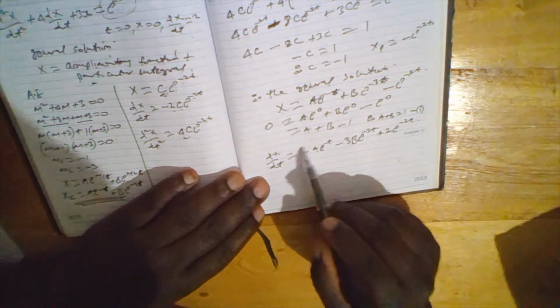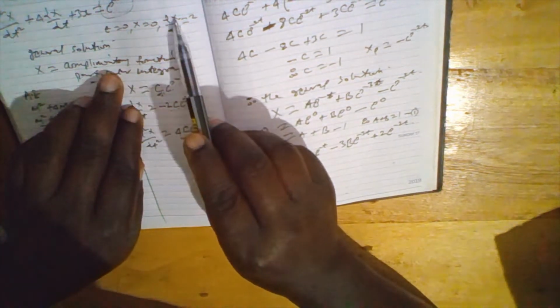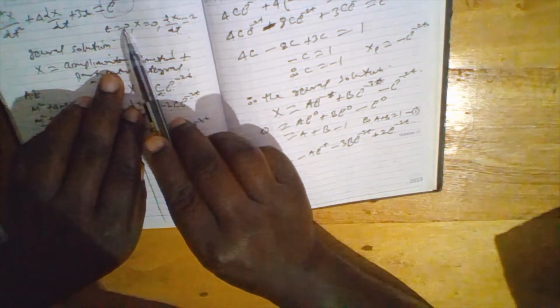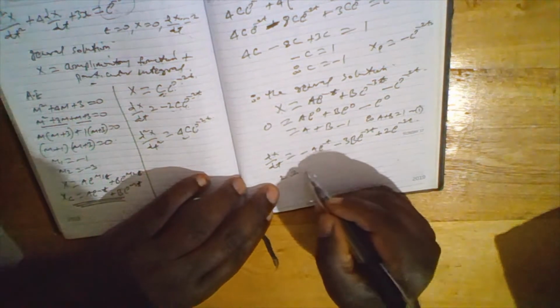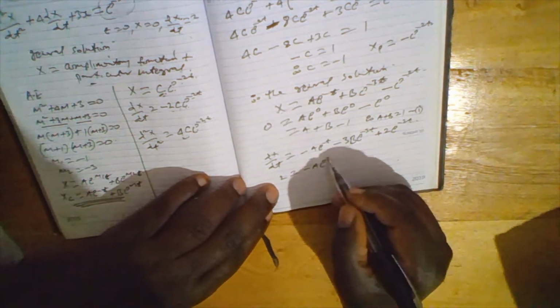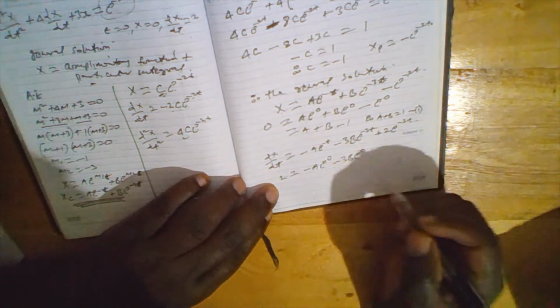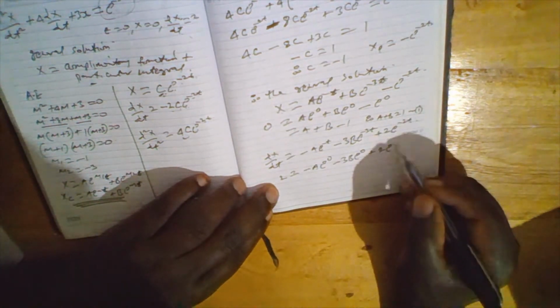And then after differentiating like this, they are saying that when t is 0, dx/dt equals 2. Therefore, 2 equals minus a exponent, now t is 0, minus 3b exponent 0, then plus 2 exponent 0.